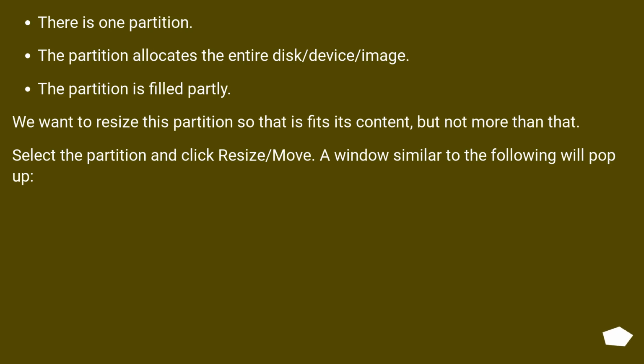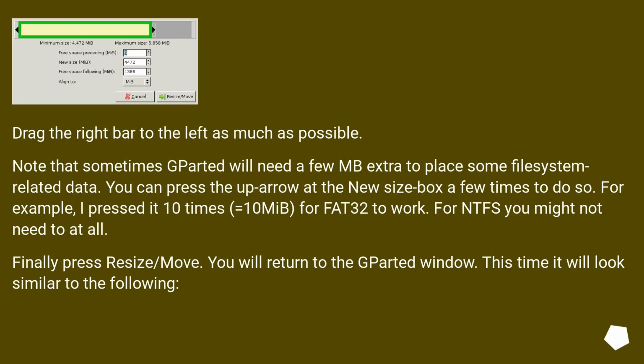Select the partition and click resize/move. A window similar to the following will pop up. Drag the right bar to the left as much as possible. Note that sometimes parted will need a few MB extra to place some file system related data.